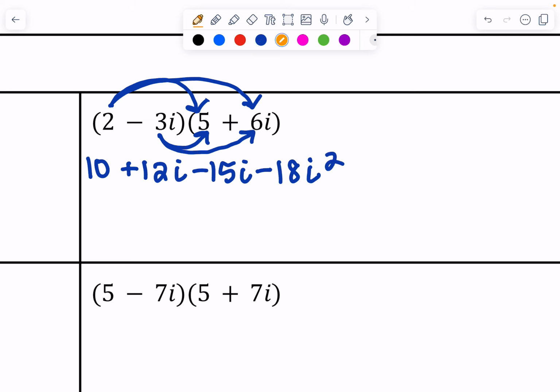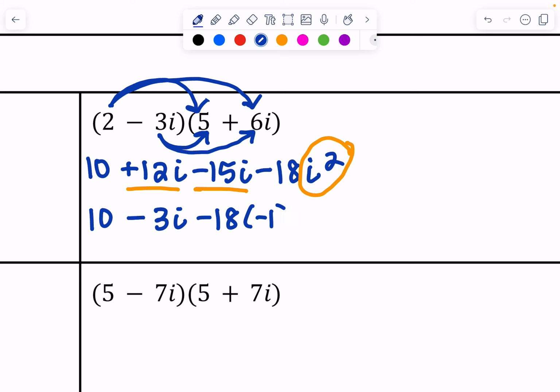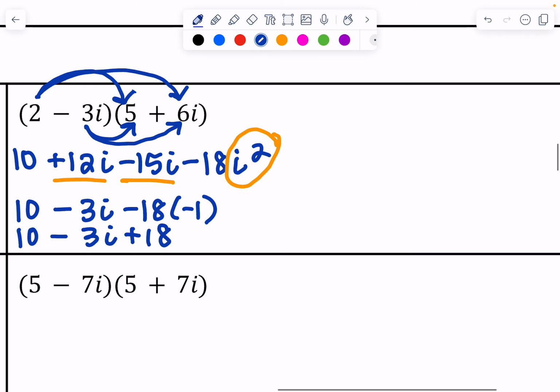Okay, so we need to combine these two like terms and then substitute i squared for negative 1. So we're going to have 10 minus 3i minus 18 times negative 1. And when we do that, we're going to have 10 minus 3i plus 18. And when we combine like terms, our final answer is going to be 28 minus 3i.